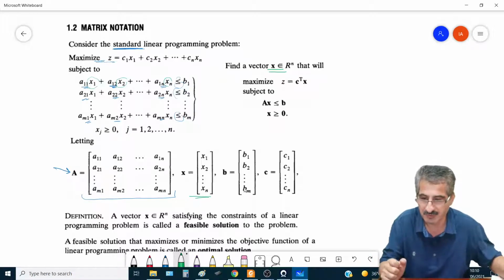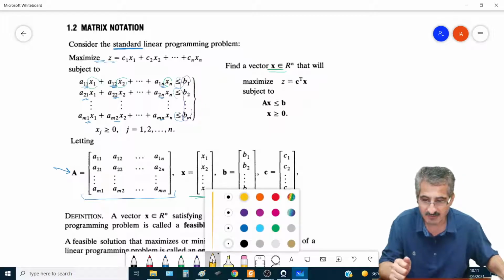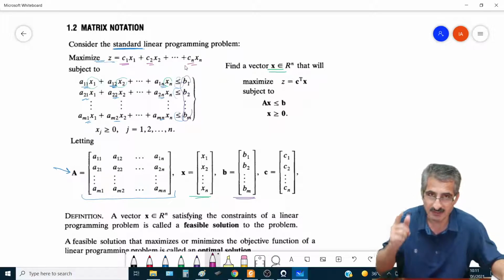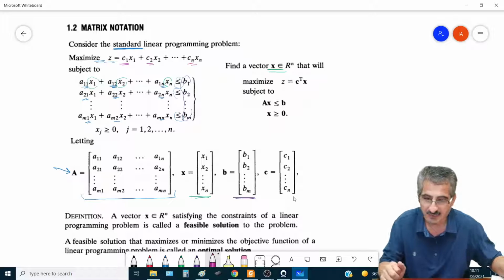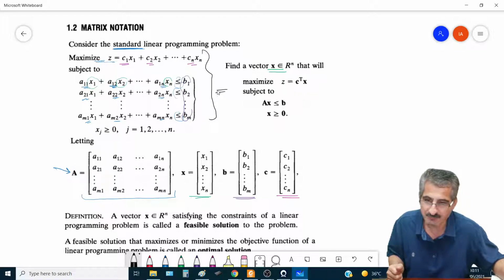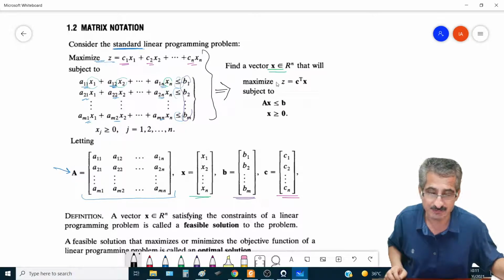We already know that. And we will take the constants in the constraints and make a vector out of them. And then we go to the constants c1, c2, cn in the objective function and make a vector out of them. Using all of that, the whole linear programming problem is transformed to matrix notation.